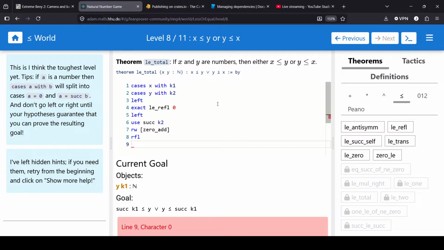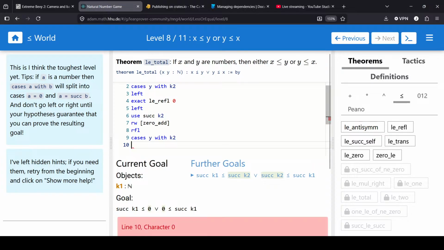Do I need a cases again? Is that how that works? Or am I just putting myself in a corner? Because then I have this goal over here. I could try this again, I guess.